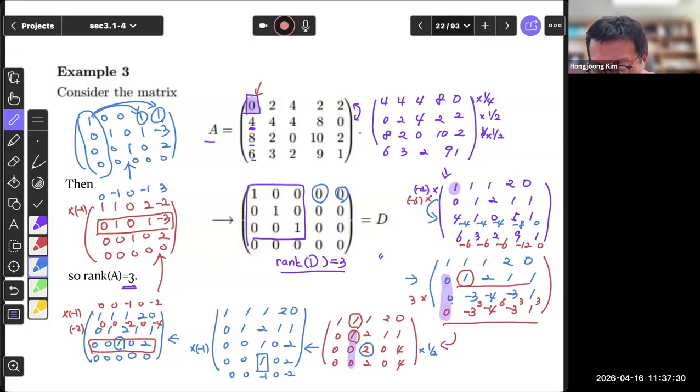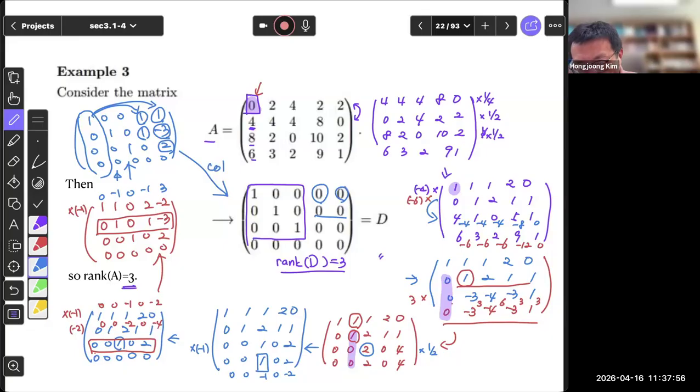Similarly, if I consider the column operation using the second column, these 1 and negative 3 will become zeros. And then if I consider this scaling operation, column operation with the third one, I can change this 2 to 0. So by performing many column operations, you get this.